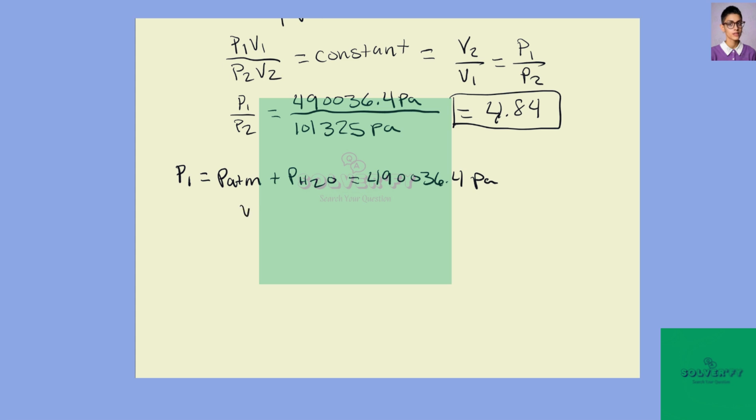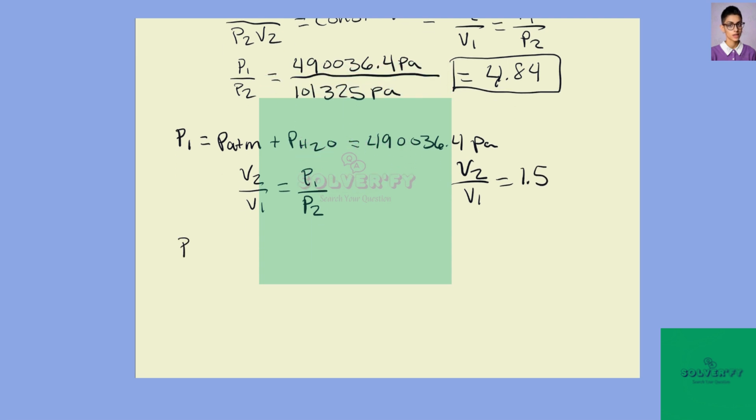Again, we assume that V2 over V1 is equal to P1 over P2. Because it says that the expansion factor is greater than 1.5, we're going to say V2 over V1 is equal to 1.5.